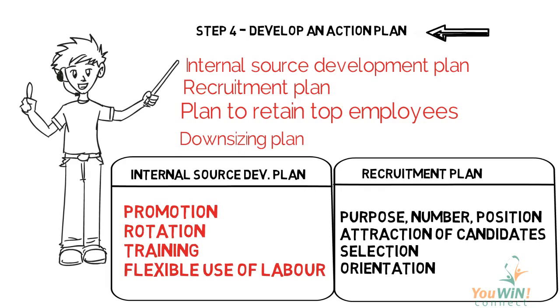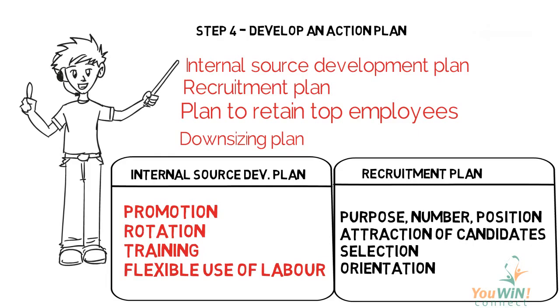Now, in the case of a deficit, the company may go either for recruitment, training, interdepartmental transfer, whereas in the case of a surplus, voluntary retirement schemes, redeployments, transfers or layoffs could be followed.